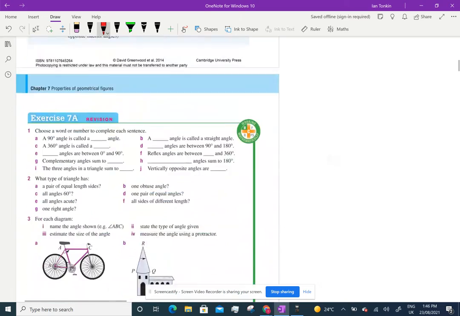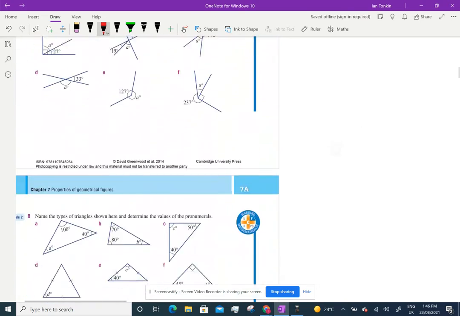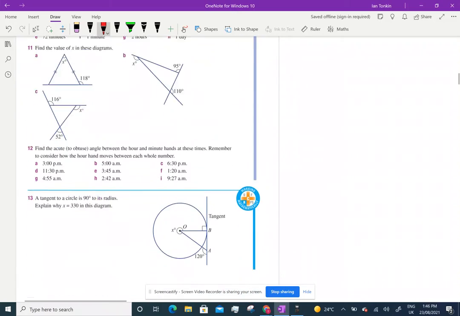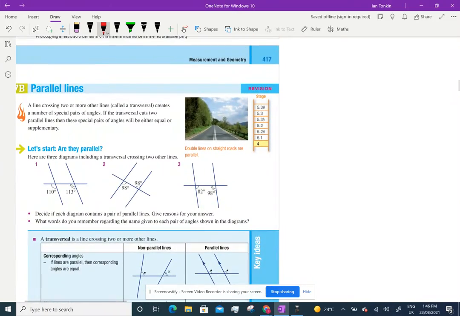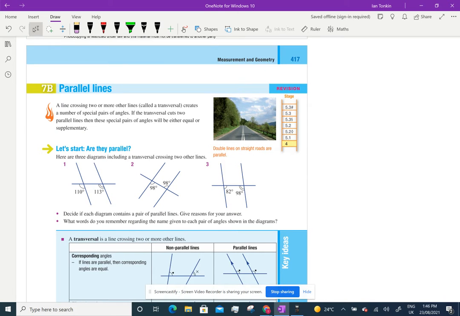We are, however, going to start with parallel lines. Now, parallel lines in Euclidean geometry are two lines that have the same gradient. They run parallel to each other.